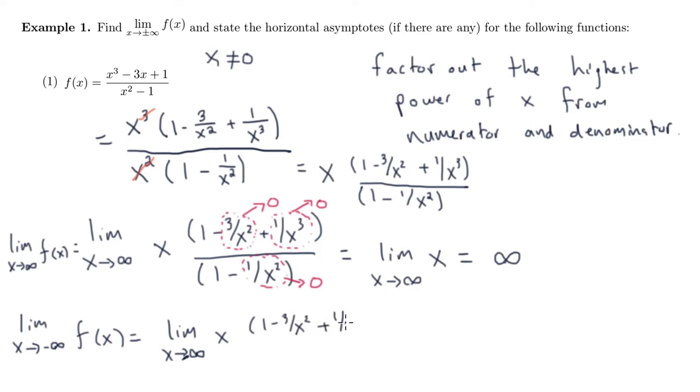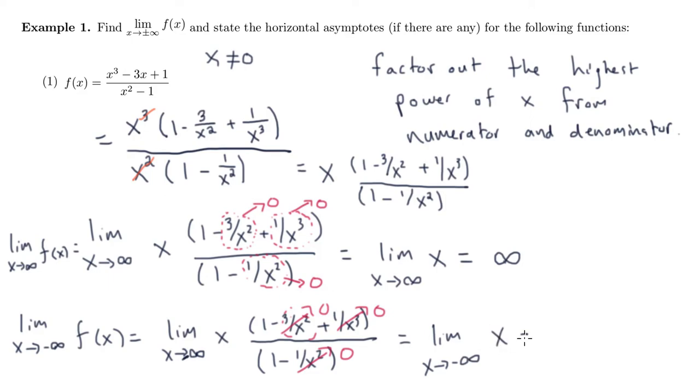But the same thing is going to happen to all of these reciprocal powers of x. They're all going to go to 0, because I'm dividing by a big number. So this is just the limit as x goes to minus infinity of x, which is going to minus infinity.